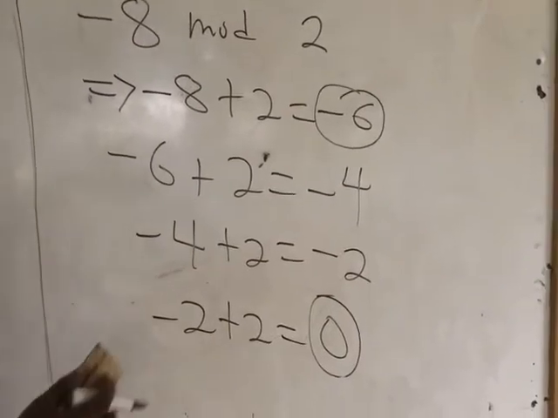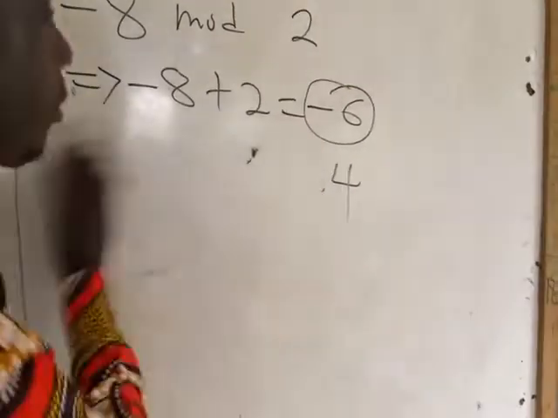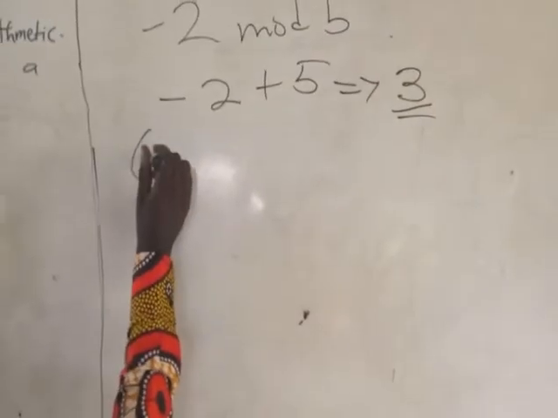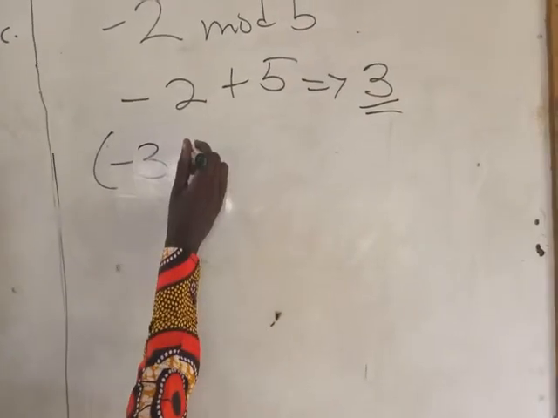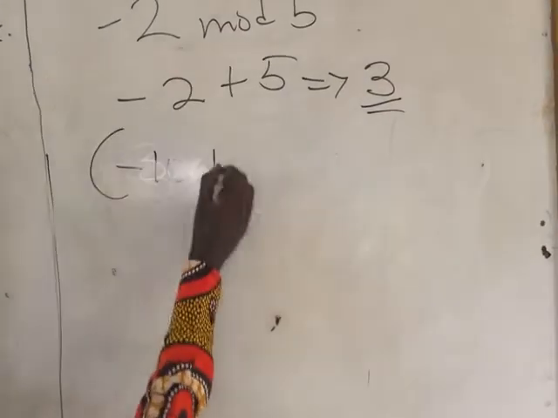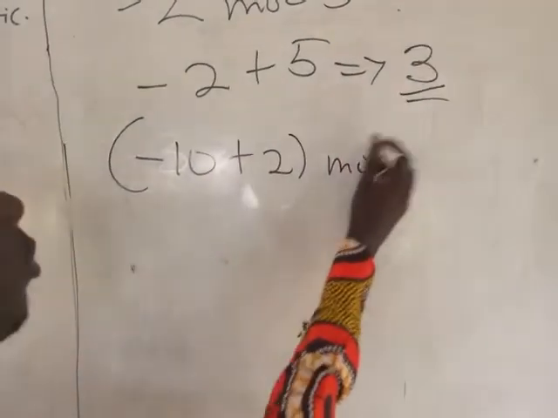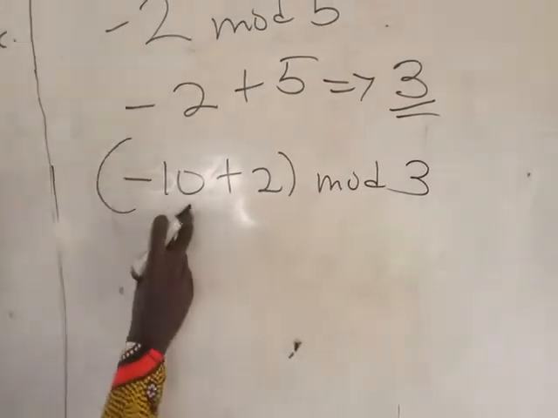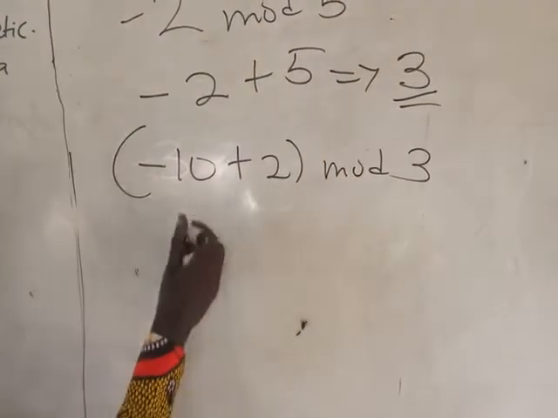Let's take the final example. Negative 10 plus 2 mod 3. So negative 10 plus 2 is what? Negative 8.